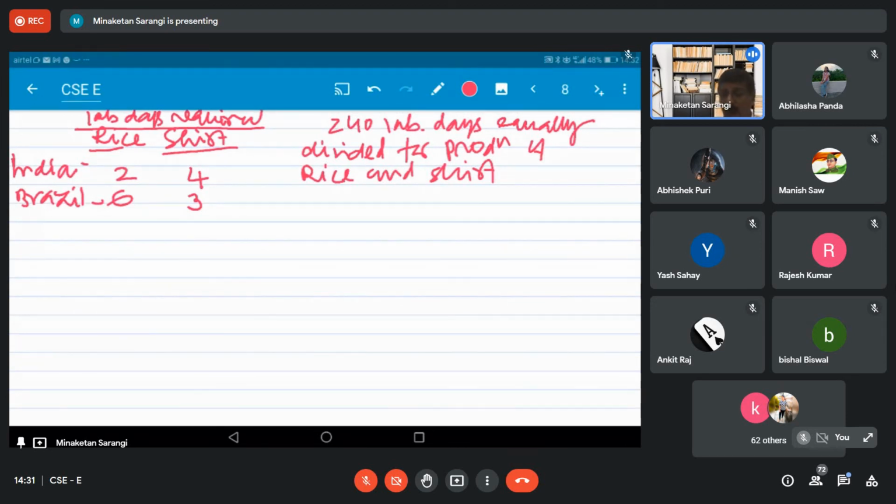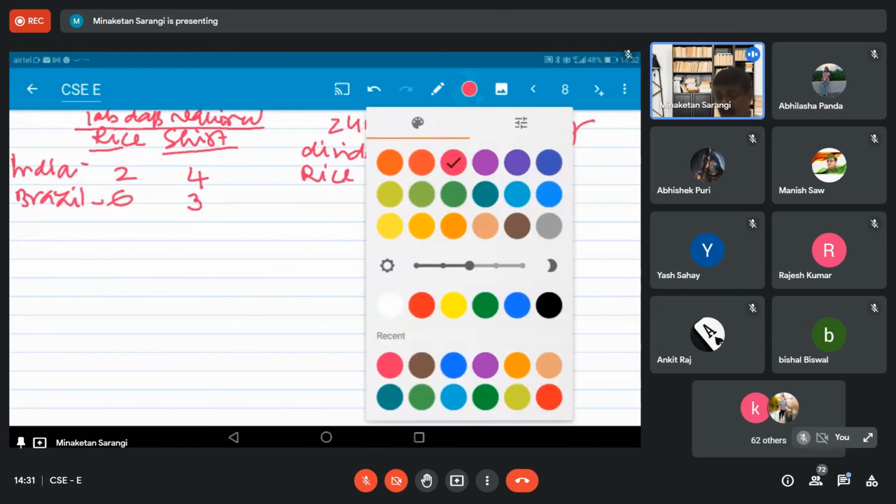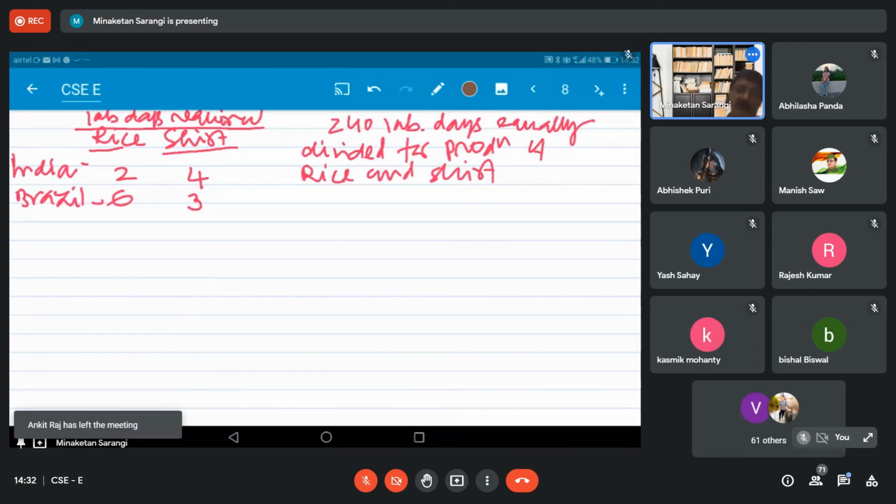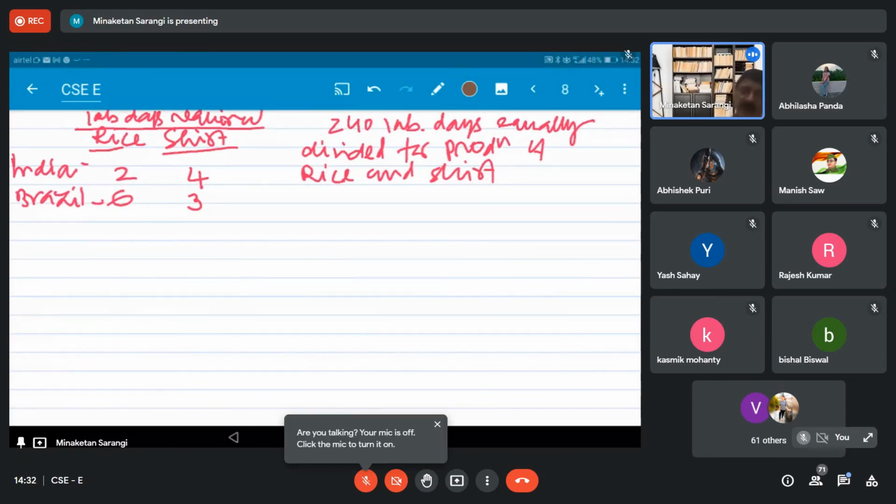Now we will proceed further and we will see whether trade can be possible utilizing the comparative advantage. Trade can be possible utilizing the comparative advantage or not.